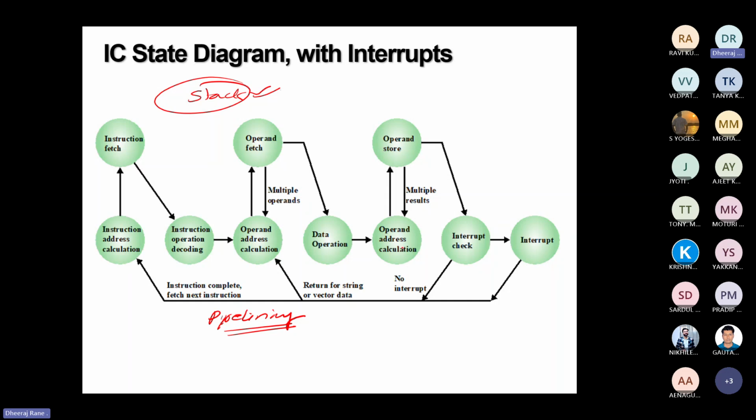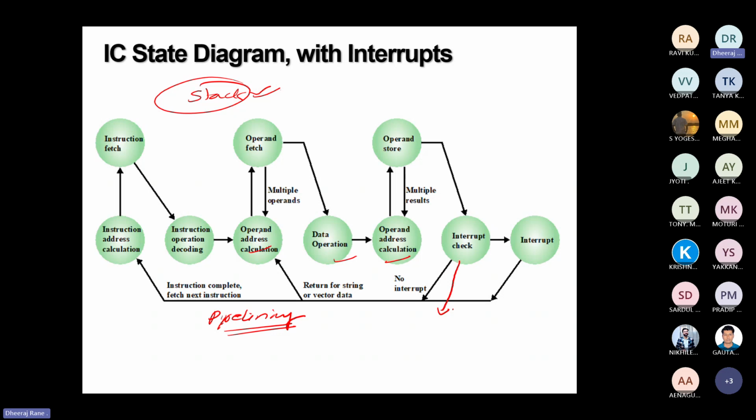So for that particular reason, whenever there is a possibility that interrupts can be there, the concept of pipelining is usually avoided, right? Say an interrupt happens and some data operations have been done or some data has been fetched.